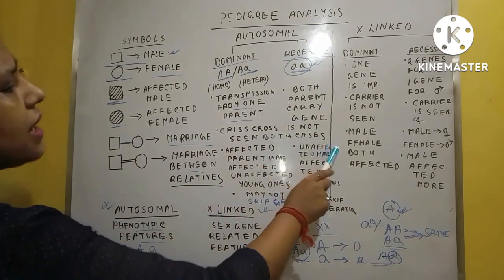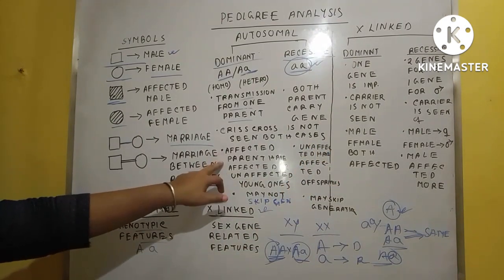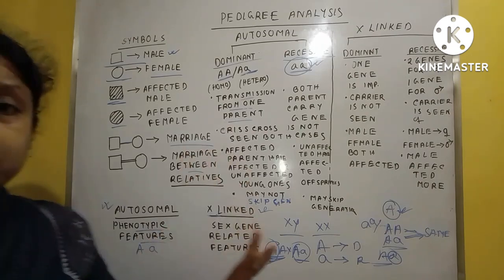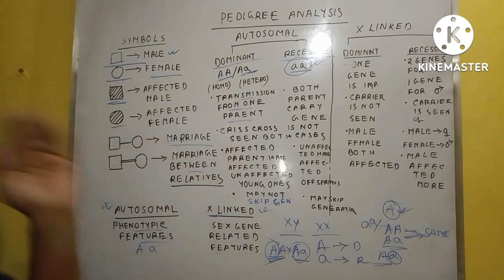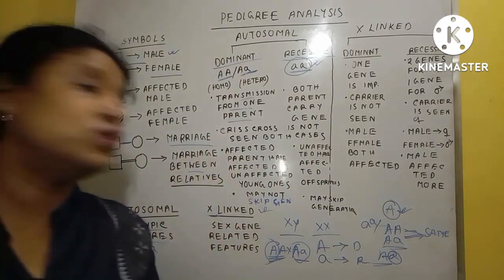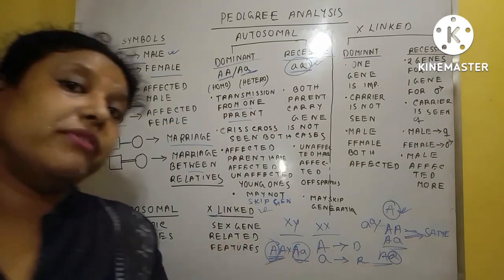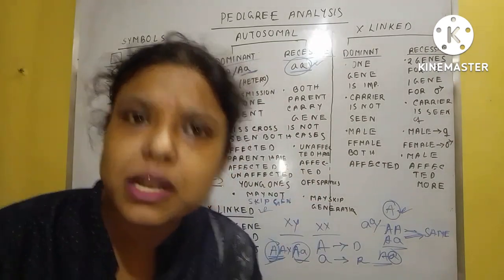The last one, unaffected parents have affected offspring. Obviously, here what we learn is that affected individuals have affected or unaffected individuals. But here, unaffected individuals have affected individuals. Why is this possible?